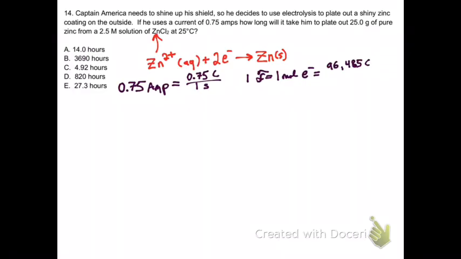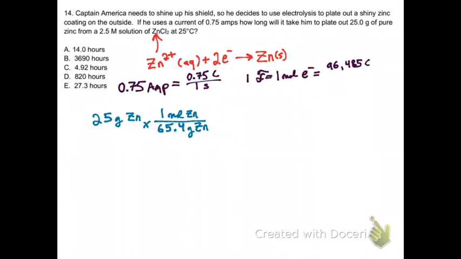So we can see here that we're starting with 25 grams of zinc that we're trying to plate. Okay, now we're going to need to convert it into the universal currency of chemistry, the mole. So there are 65.4 grams of zinc for every 1 mole of zinc.